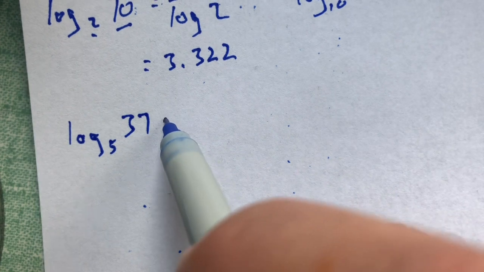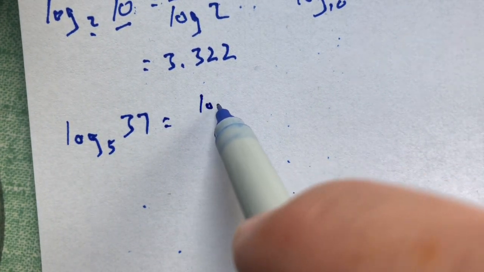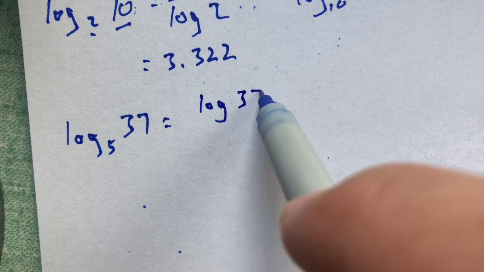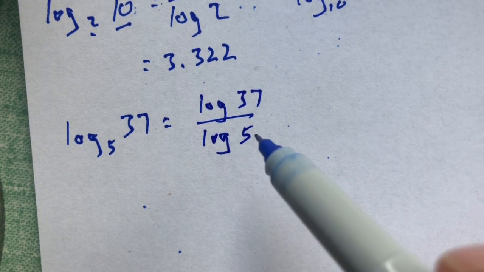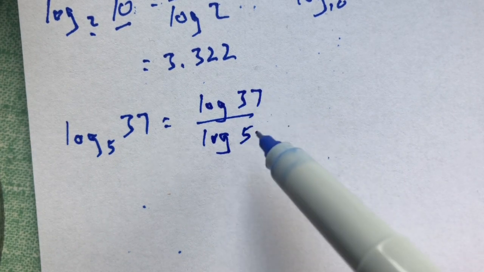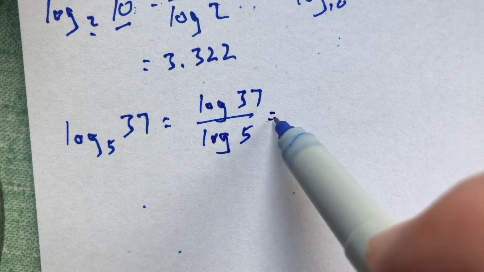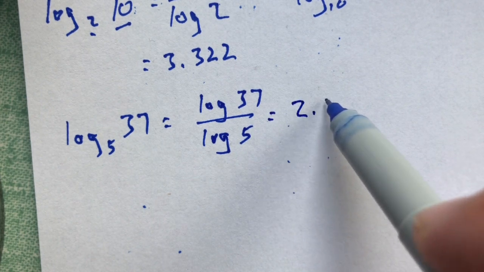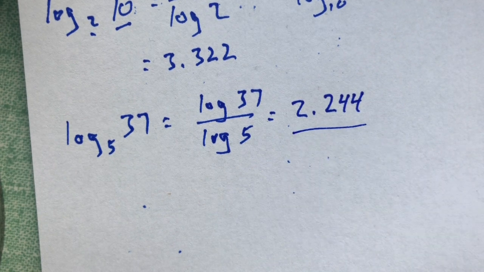Well, easiest way to do it with a basic calculator is just to take the log of 37 over the log of the old base 5. And so log of 37, some decimal number, you're going to divide it by log 5, and you're going to get your answer, which turns out being 2.244.